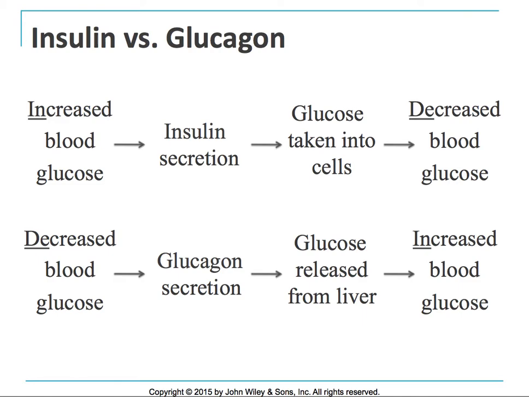When your blood glucose starts out really low, glucagon is secreted and glucose is released from your glycogen stores in the liver, increasing that blood glucose back up to normal. Again, something that we covered in the last lecture, but I just wanted to explain it a little bit differently, in case the first lecture was confusing.